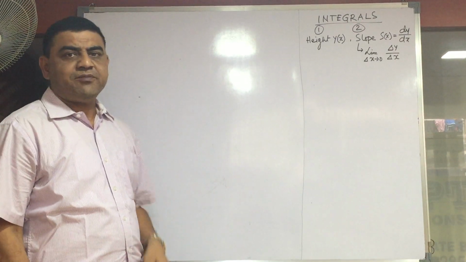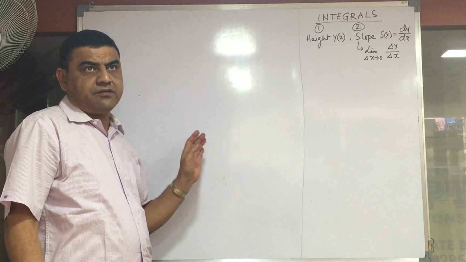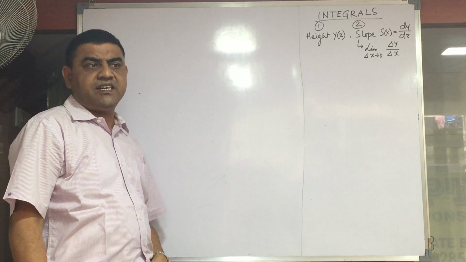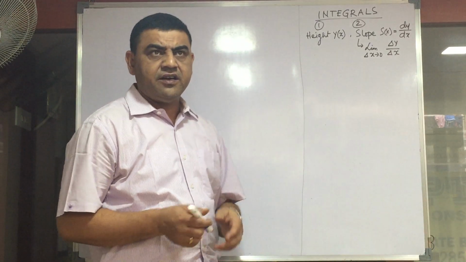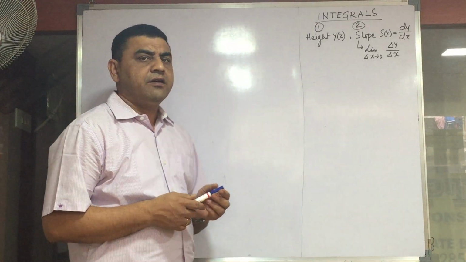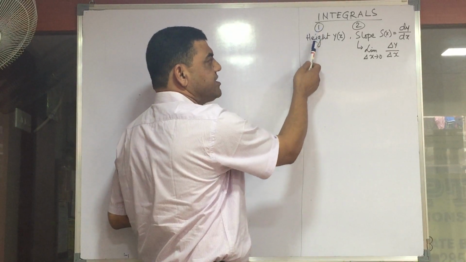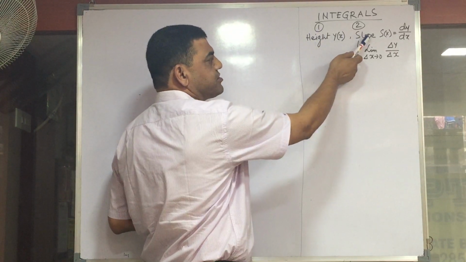We have talked about differentiation, taking two functions, and we said calculus is nothing but relating two functions. If I take the same example, function 1 is height and function 2 is slope.